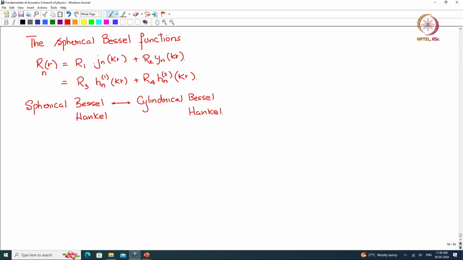Now, one thing is, between the Hankel functions, h n of the second kind is equal to h n of the first kind of x conjugated.